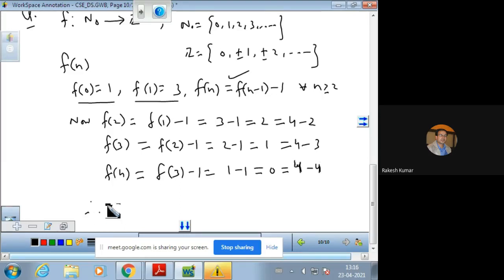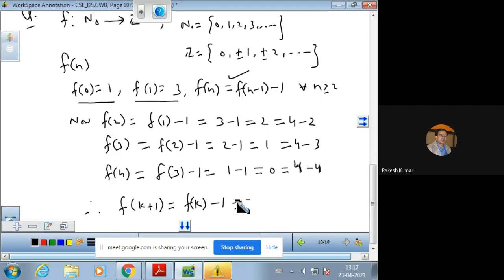It means the kind of relationship will be f of k. If we write it in terms of k, that is f of k plus 1, and that is equal to f of k minus 1.